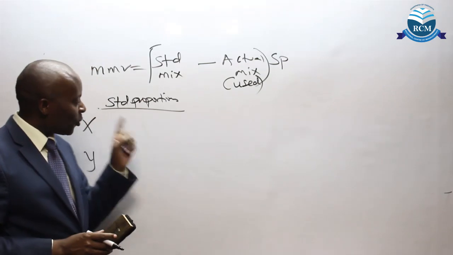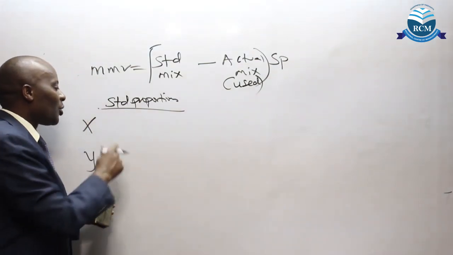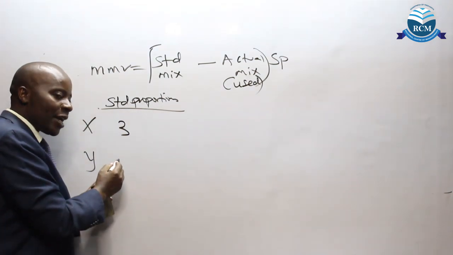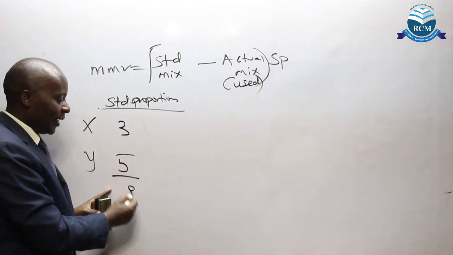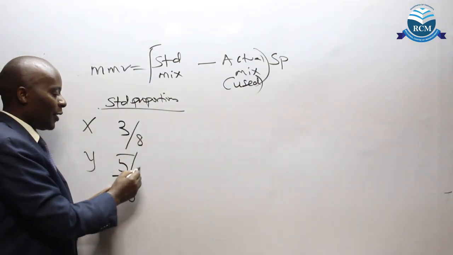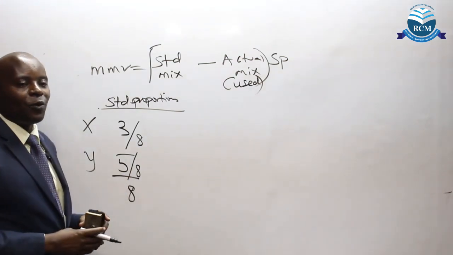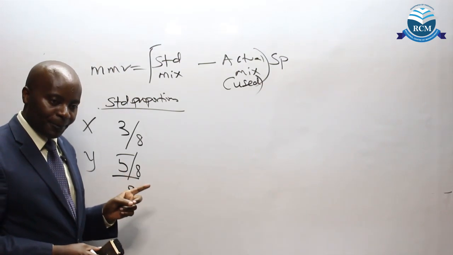Because we want the standard proportions, we use the standard quantities from the standard card. How about Y? 5. So in total, 8. So proportionately, this will be 3 out of 8, and this will be 5 out of 8. We call these standard proportions.